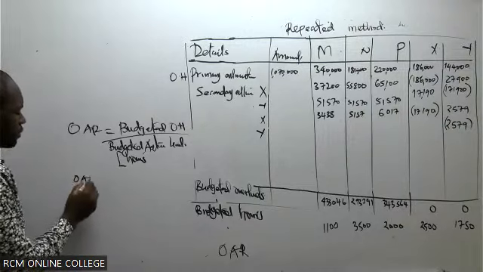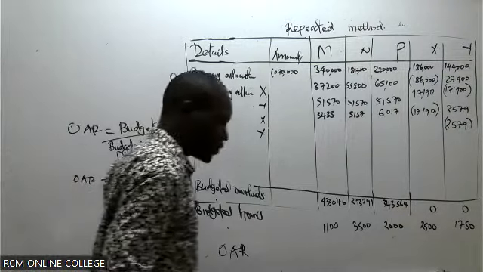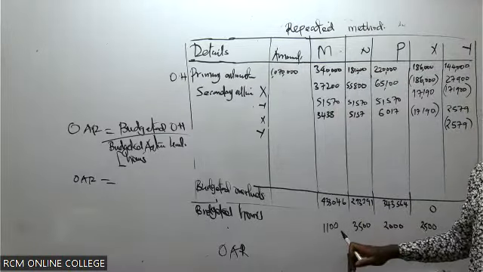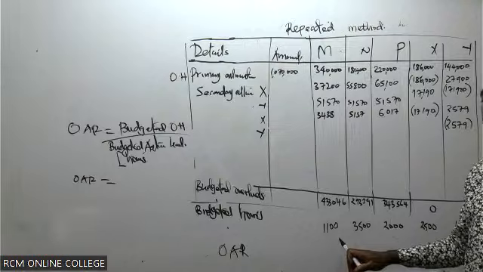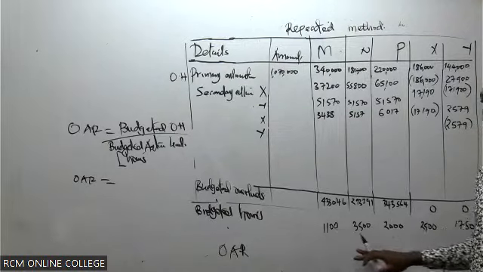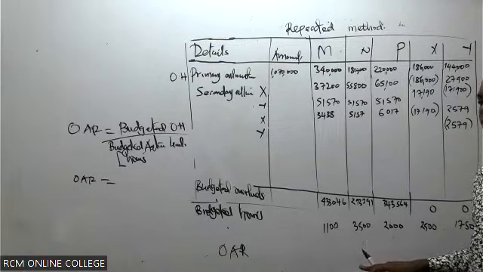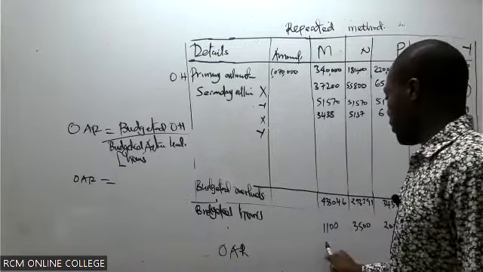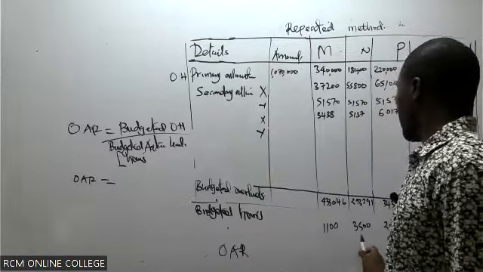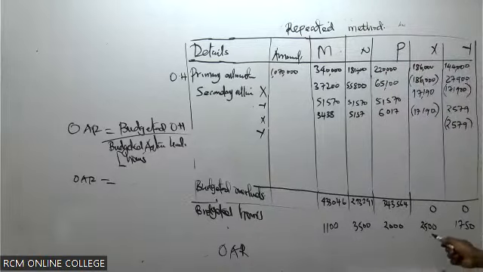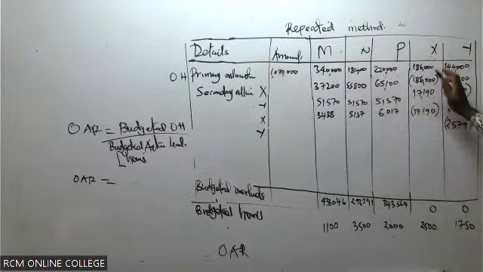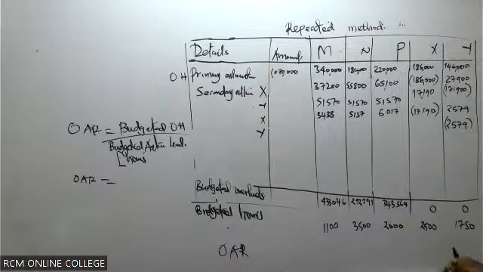If you go ahead, are you able now to calculate overhead absorption rate? Are you able to calculate it here now? Florence, are you able to calculate it here? If yes, go ahead and give me the overhead absorption rate for M, N, and P. These ones here, we are reapportioning them back to the production department. So at the end of the day, they have no effect. That's why the examiner will always not give you this one.